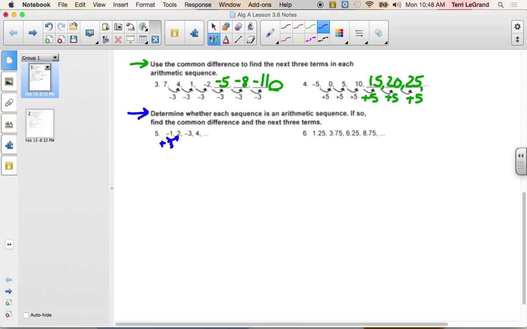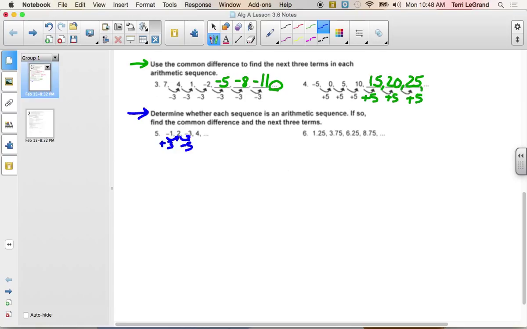Okay. To get from 2, the second term, to the third term of negative 3, what do we have to do? What happens to get from 2 to negative 3, Brighton? Minus 6? You all agree? Rose? How about we just subtract 5, I think.